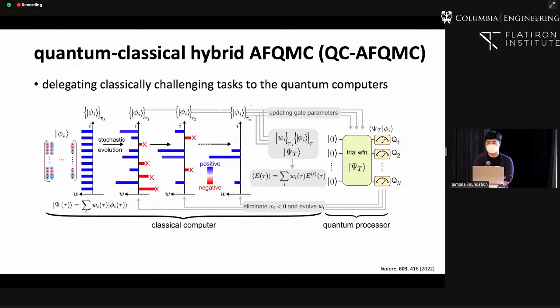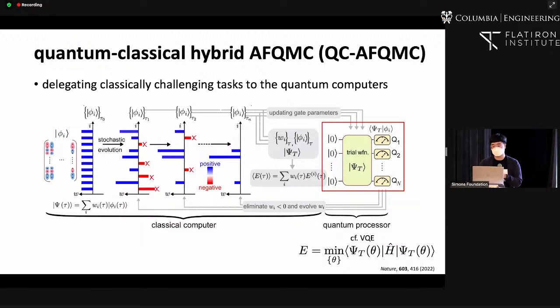But as you increase the complexity and accuracy of psi trial towards the exact ground state, AFQMC results will also become more and more accurate and closer to the exact ground state energy. I want to emphasize that this QC-QMC, or QC-AFQMC, has a different subroutine than the variational quantum eigensolver. Our subroutine measures out the wave function overlap value, whereas the variational quantum eigensolver measures out the energy and associated gradients with respect to the wave function parameter theta.